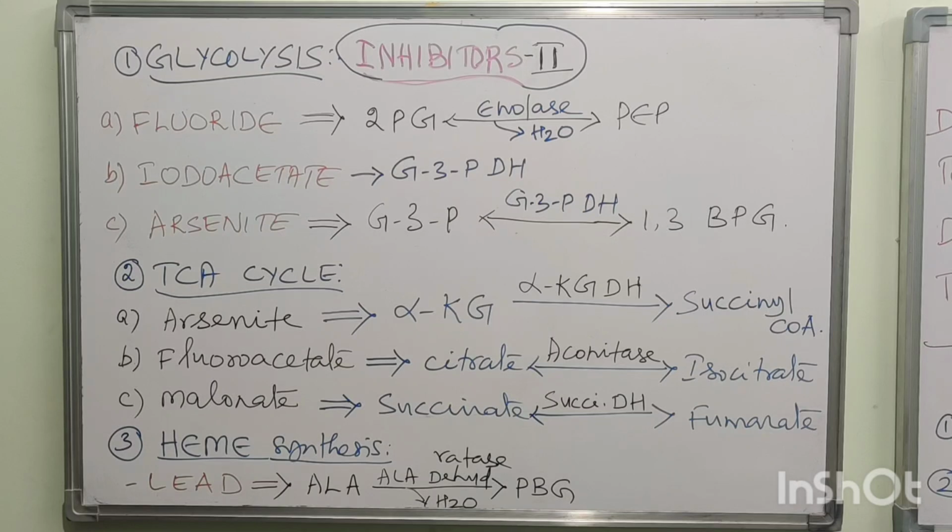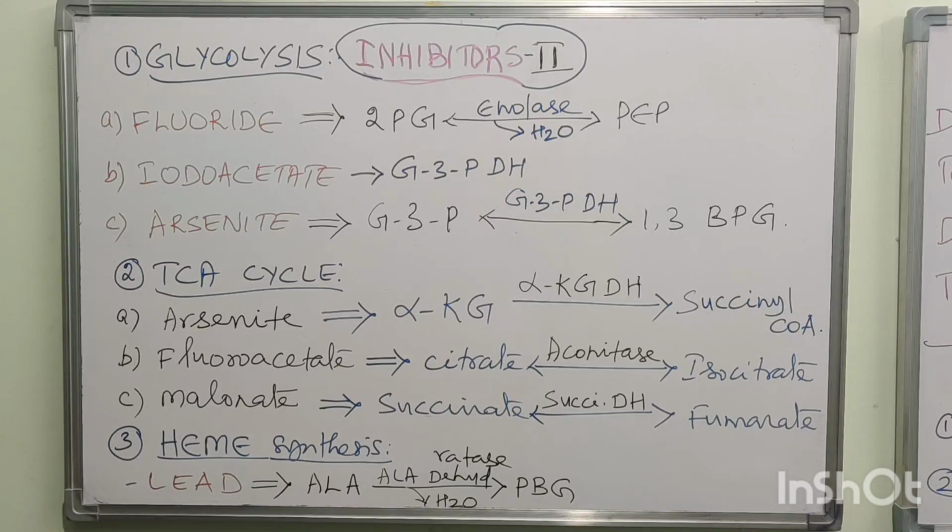Because here the enolase cofactor is magnesium. This is also another important MCQ. Cofactor for enolase is magnesium, right? So fluoride inhibits this enolase irreversibly while collecting blood for estimation. What is the importance of this fluoride? Addition of fluoride for the blood glucose estimation in the test tube decreases the activity of the enzyme enolase.